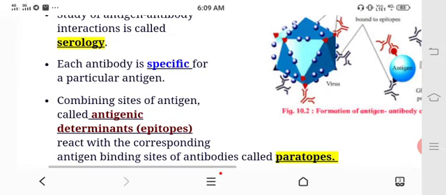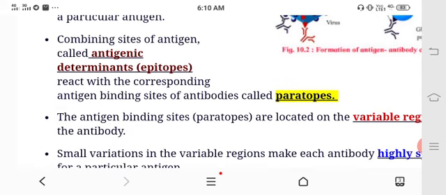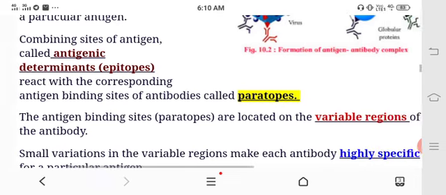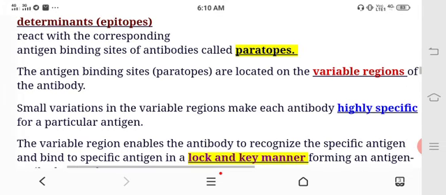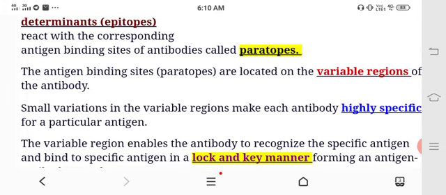Antibodies react with the corresponding antigens. The binding sites of antibodies are called the paratopes. The antigen binding sites, paratopes, are located on the variable region of the antibodies. These small variations in the variable regions make each antibody highly specific for a particular antigen.